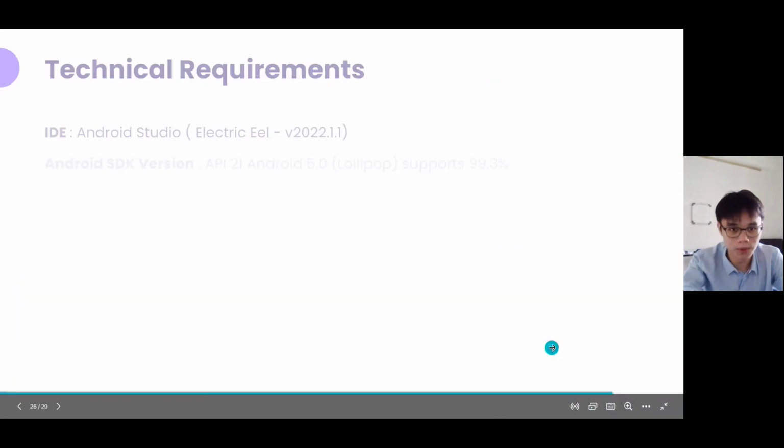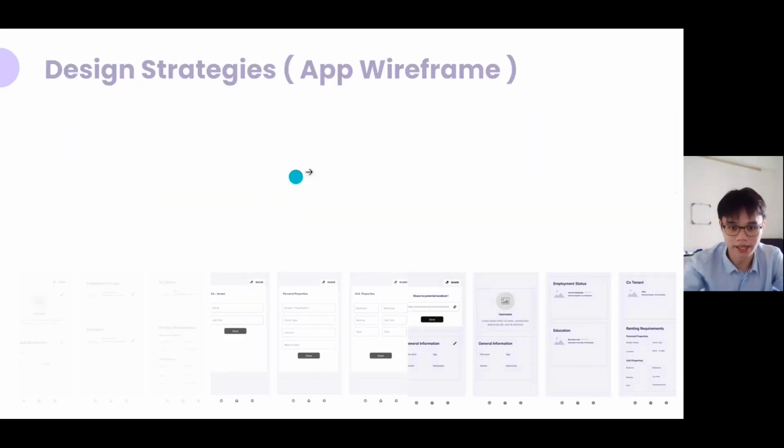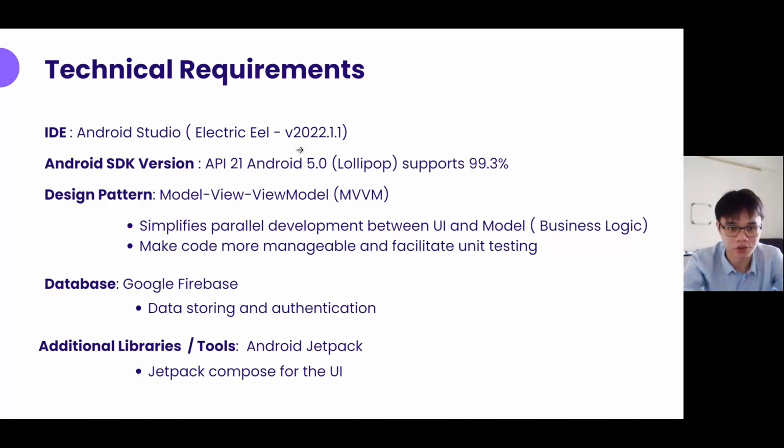Okay. So for technical requirements, we have the latest version of Android Studio, and the Android SDK, API 21 Lollipop, which supports 99.3% of devices. For the design pattern, we use the Model-View-ViewModel pattern, which simplifies parallel development between the UI and the business logic, makes the code more manageable, and facilitates unit testing.